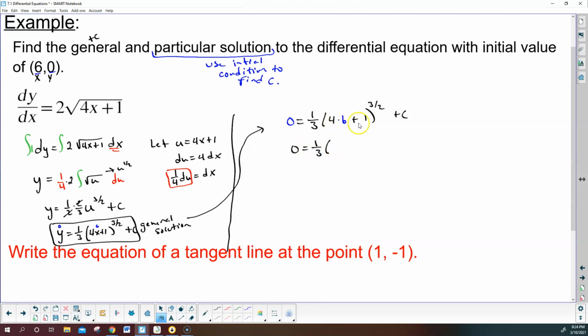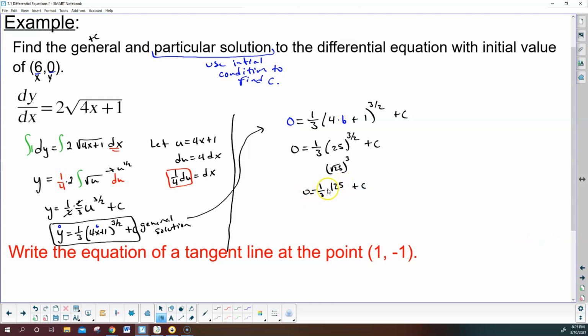If you can do this in your head, perfect. But I know that I get 24 plus 1, that's 25. And then I know that 25 to the 3 halves, that's the same as the square root of 25 to the third power. So that's 5. 5 to the third power is 125. And then I'm going to times that by 1/3.